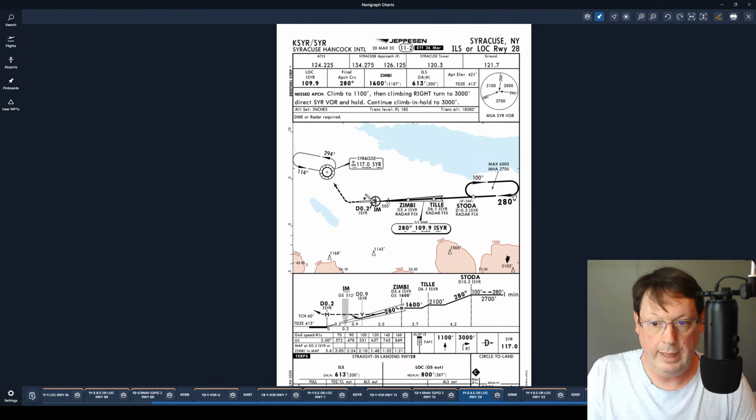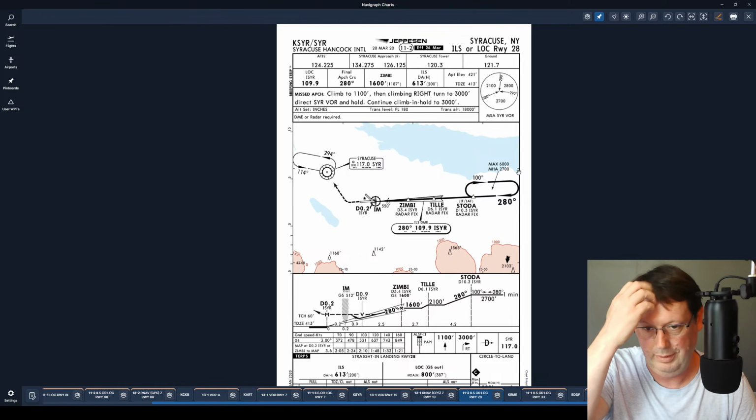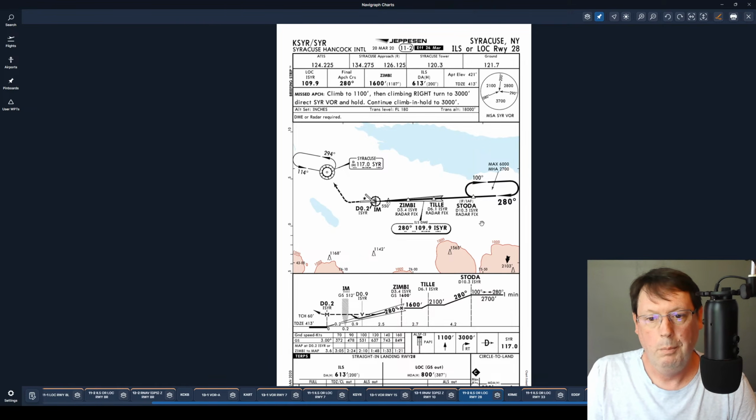And I'm going to look at this. I got yelled at for entering this hold one time, and I still think the controller was wrong. So I'm going to look down here and just see it's a standard straight in ILS, and I can see the runway. I can see the missed approach is straight ahead, take a right. This is a non-standard hold.